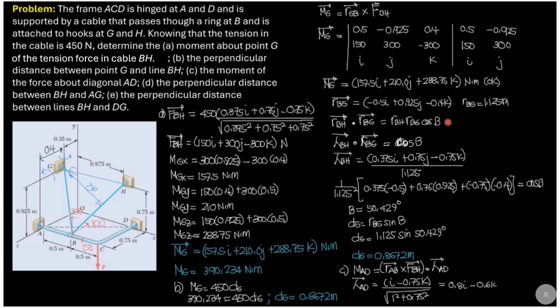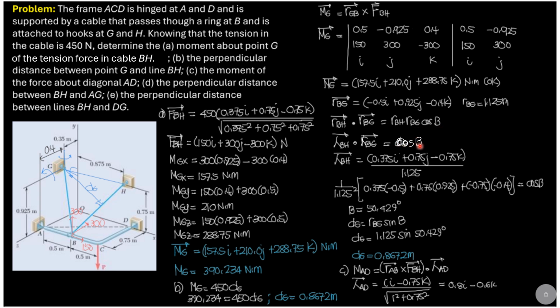So RBH, the unit vector of BH, dotted with RBG equals RBG cosine of beta.